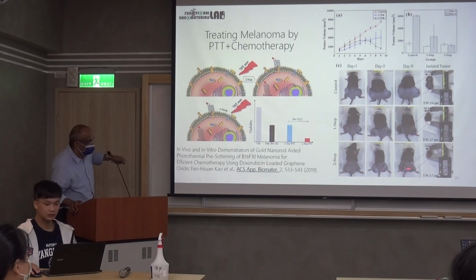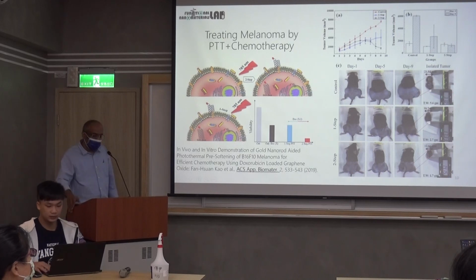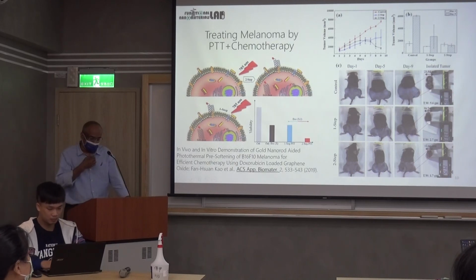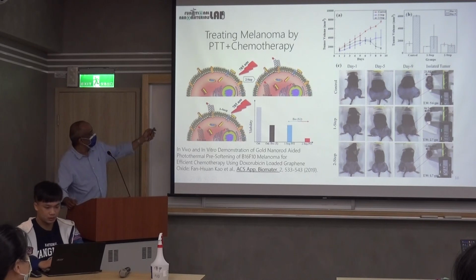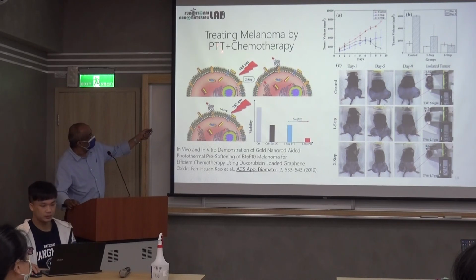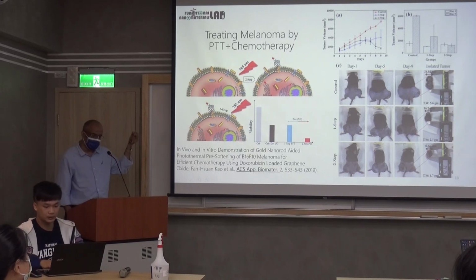So you can see that is the last one. So I can really control the tumor to a large extent. So we are treating a kind of cancer using a combination of photothermal therapy and chemotherapy both. So we are using the nanomaterial for a therapy purpose.